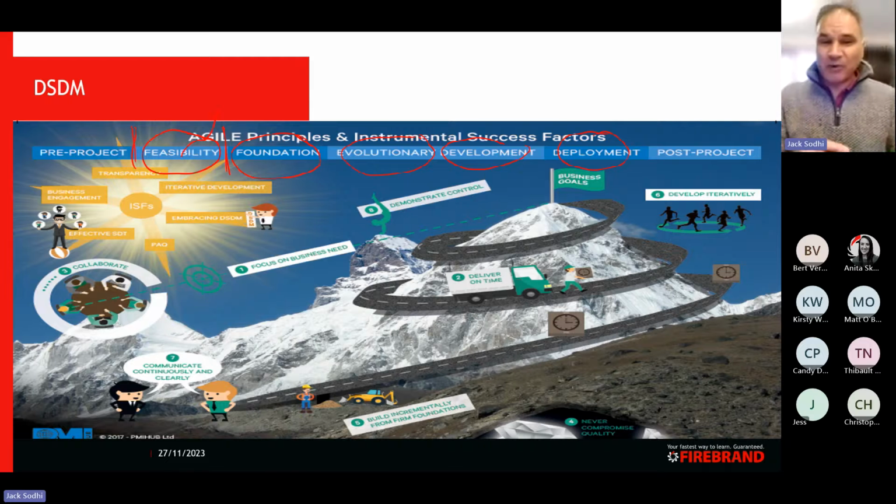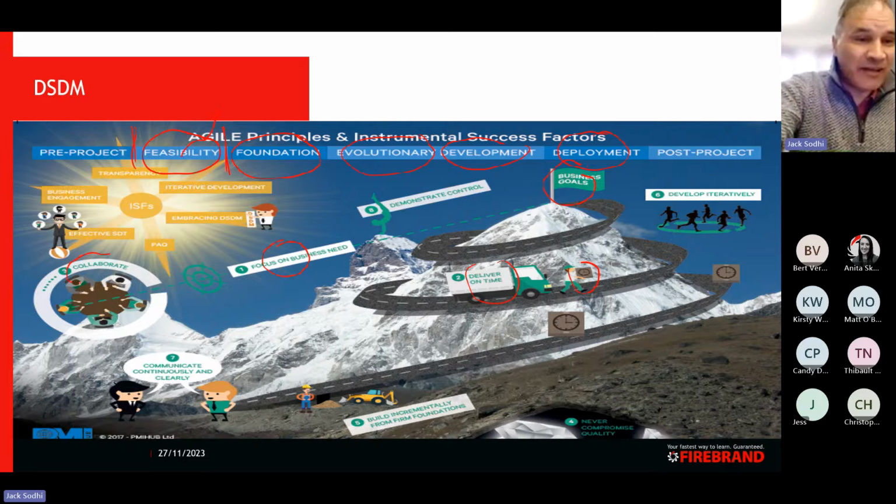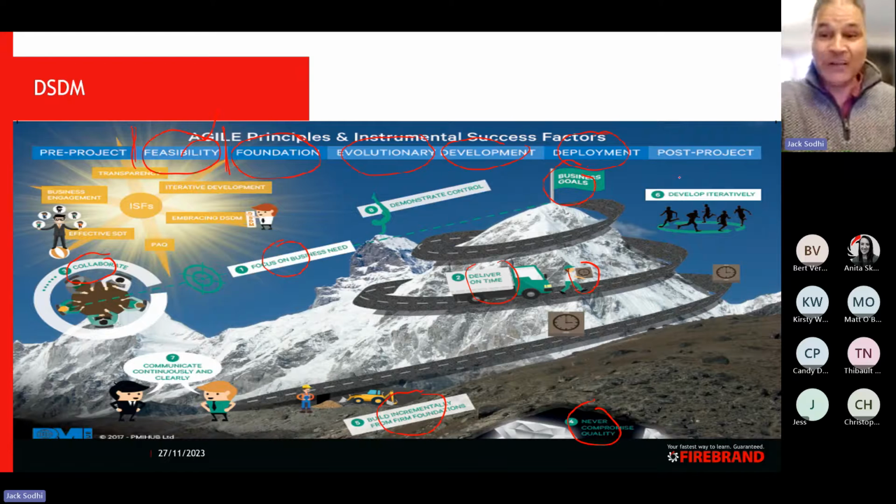You've got the 8 principles, and they got that from the 12 agile principles, and they're saying focus on business. So that's our goal. We deliver on time, so we time box everything. We collaborate, and they say never compromise the quality. Then build incrementally from a firm foundation, and keep going back, and then develop iteratively.